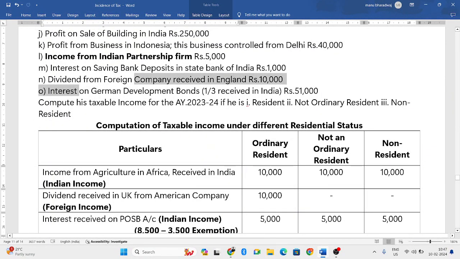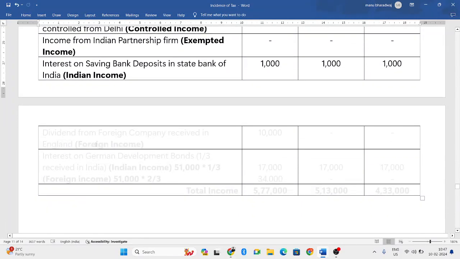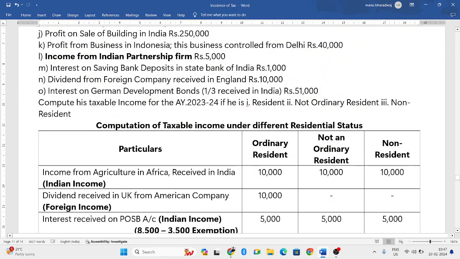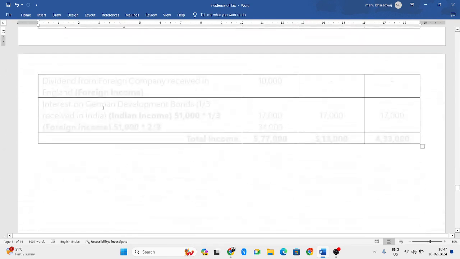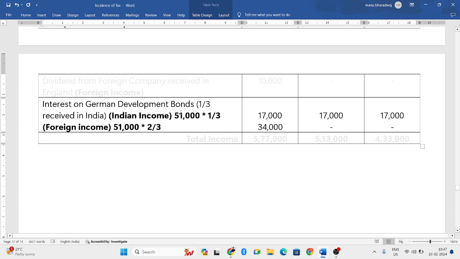Next, interest on German development bonds. So it is a foreign income, but one third of it is received in India. So one third will be Indian income. The remaining part, the two third, will be foreign income. So let me show you how to do this. Interest on German development bonds, one third was received in India.